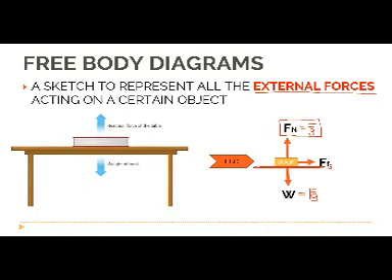How can we identify the value of the normal force if the surface is elevated, if there is an angle of elevation, since the normal force is not directly opposite to the force due to gravity?